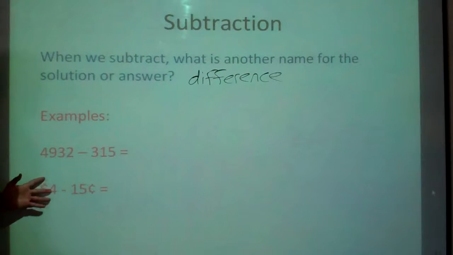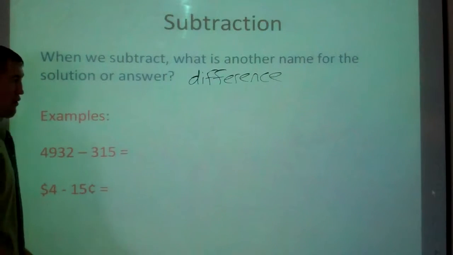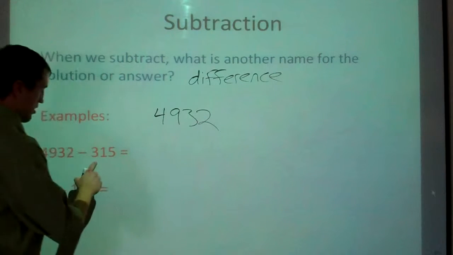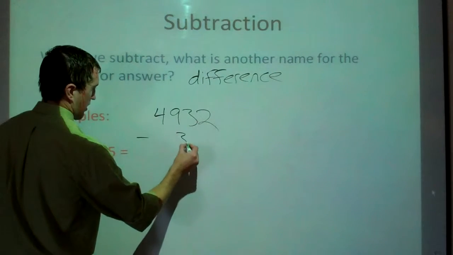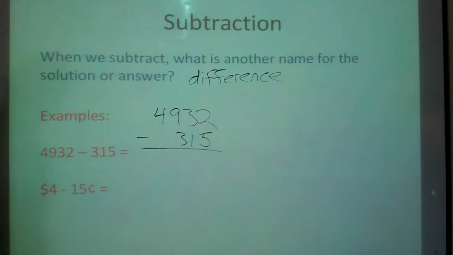Once again, a couple examples with subtraction. It's another stacking thing. We'll put 4,932 above 315. Make sure the place values are lined up, and we go ahead and do our subtraction. Once again here, we have another money issue. We have $4 minus 15 cents.